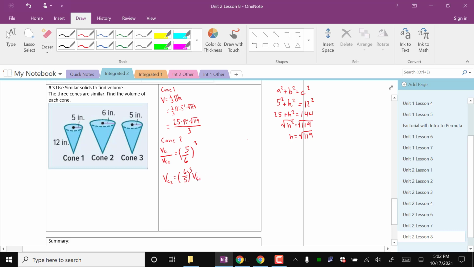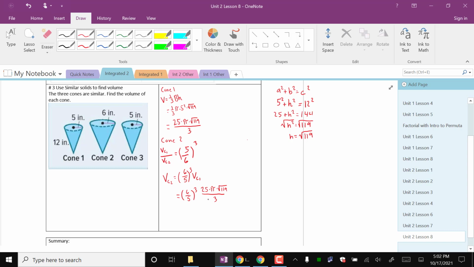Well, we know the volume of cone 1, it's 25 times pi times the square root of 119 divided by 3. So what we want to do now is cube those.